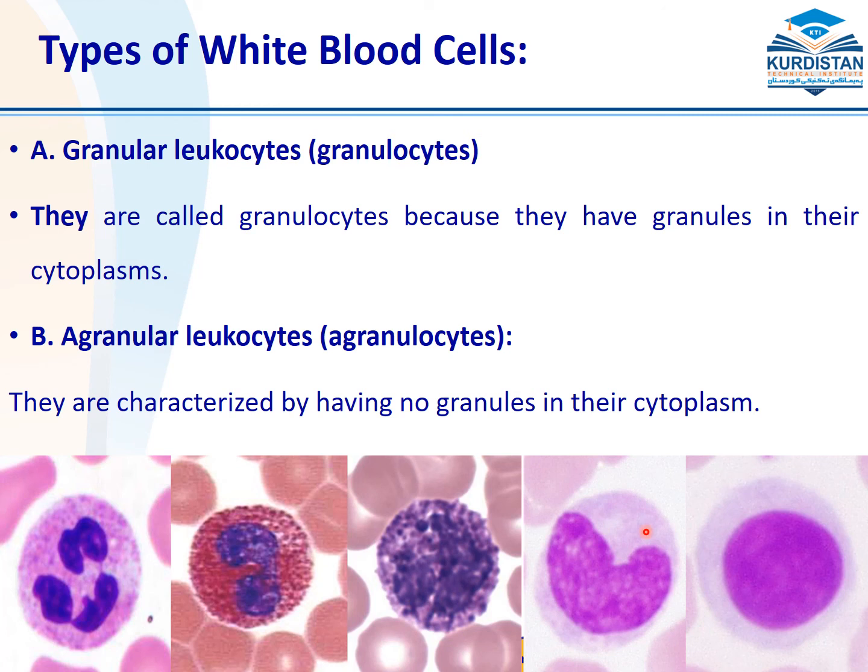The granulocytes include neutrophil, eosinophil, and basophil. Then what we have, agranulocytes include the lymphocyte and monocyte. So lymphocyte and monocyte.